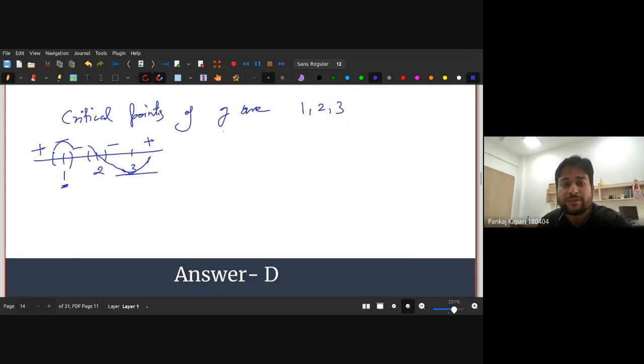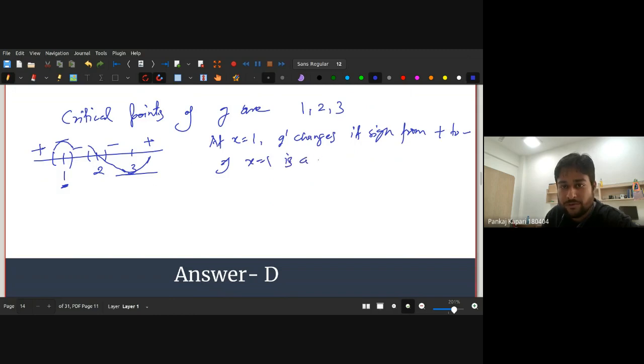So what can we write? We can write that at x equal to 1, the derivative g prime changes its sign from positive to negative, and this implies that x equal to 1 is a point of local maxima.